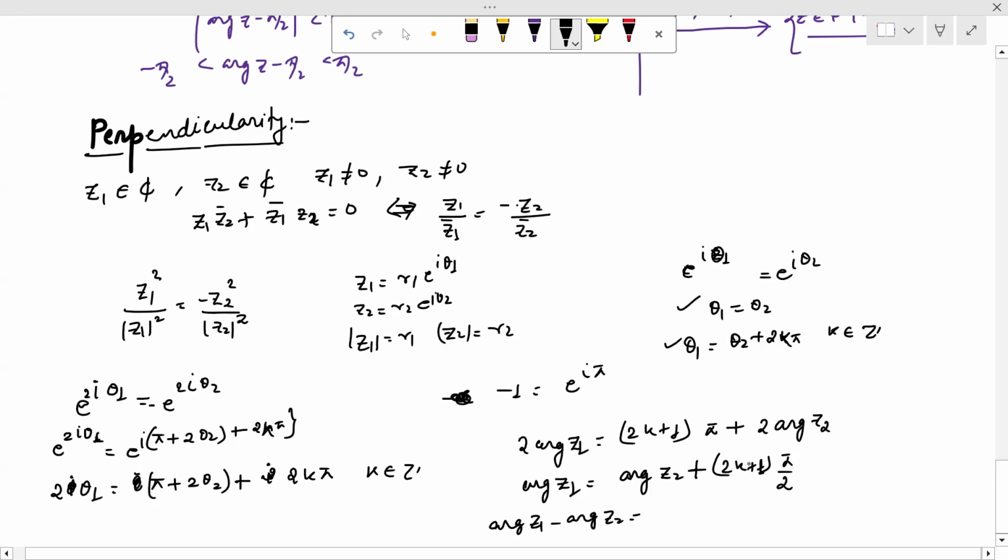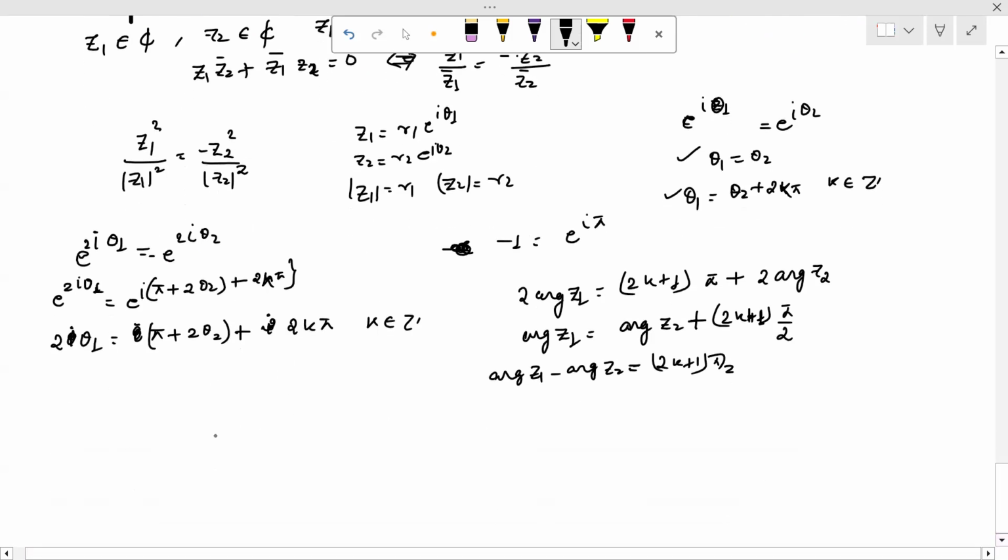And in fact, this is an odd multiple only, an even multiple doesn't exist. So it gives you multiples of pi by 2 such that pi by 2 remains intact. That is, it implies that the angle difference, that is the argument difference between z1 and z2, is an odd multiple of pi by 2.